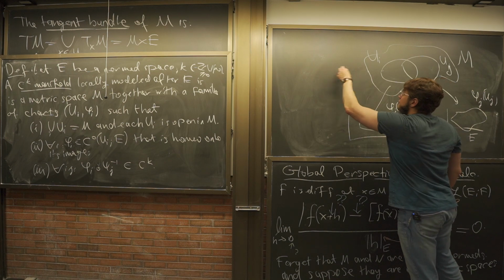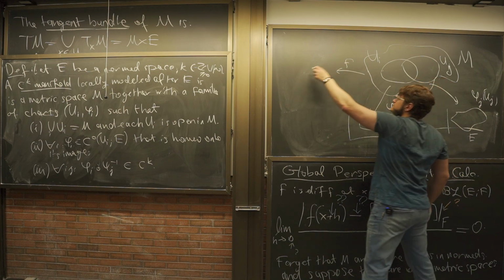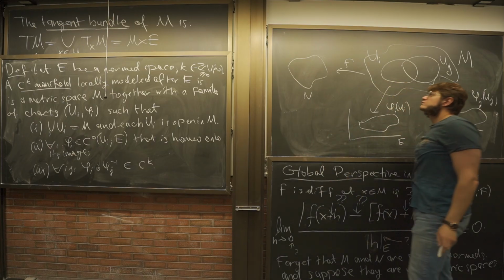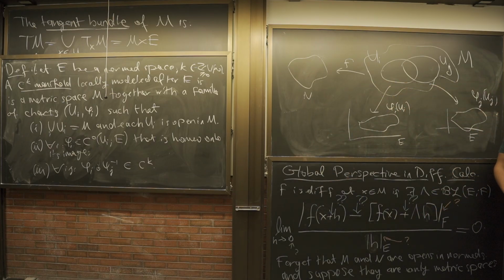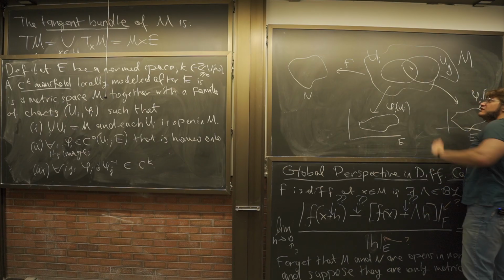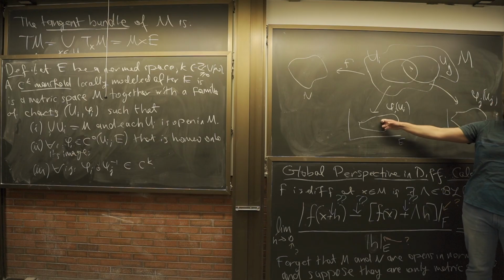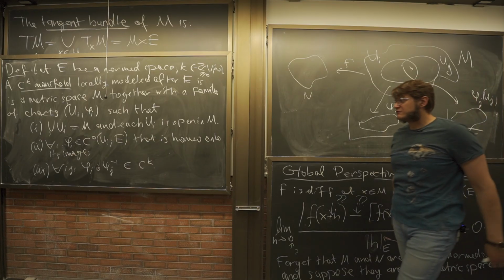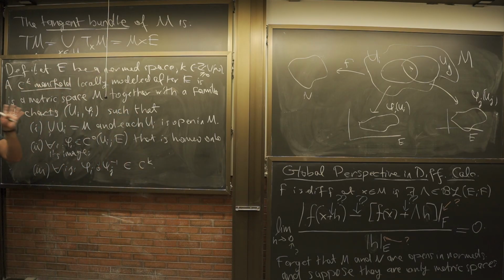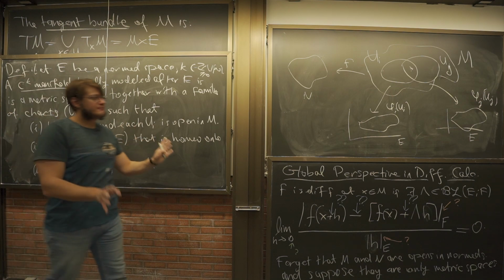So if I had a function into something else, to see if it is differentiable, ultimately I'm going to use this. But how I'm going to use it is, well, I'm going to take a point x here. I'm going to use my chart. Look at the atlas. It tells you that, oh, in this map, this is where things are.